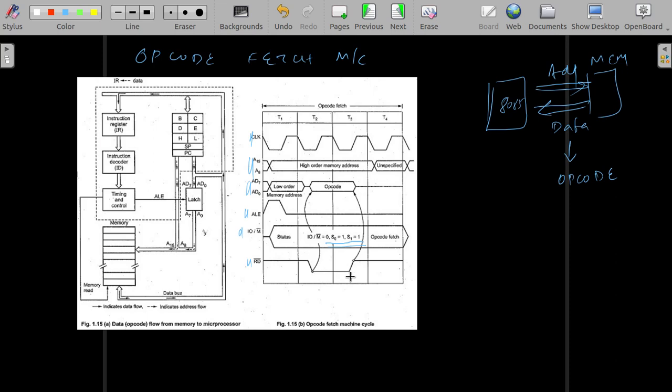So this part corresponds to the opcode data path. And here you can see how the data is flowing. From the program counter, the lower part of the address comes here and is latched, and the higher part comes here, and the combined address is given to the memory, and from there the data bus takes it to the instruction register.